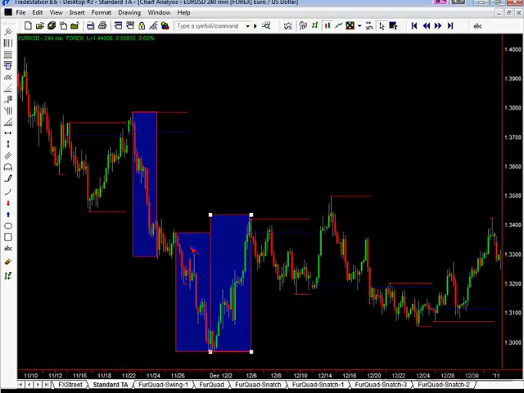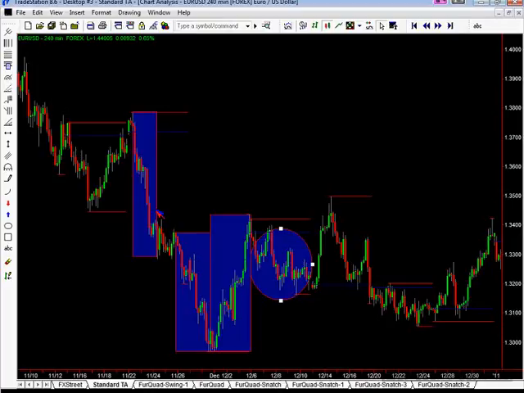Now compare those moves that I've marked off with this next area. Compare the previous boxed areas with the circled areas. Can we see the difference between the type of price activity? We've got strong, almost single directional movements, multiple up bars, multiple down bars next to each other, and then compare this circled area with the previous three boxed areas.